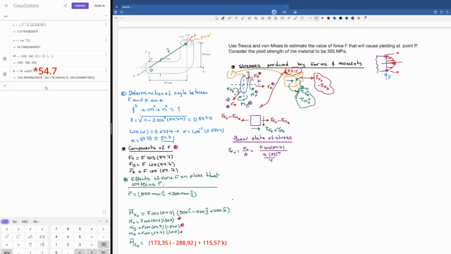So let's see here. It's going to be cosine 54.7 divided by pi times 75 to the power of 4 divided by 4.